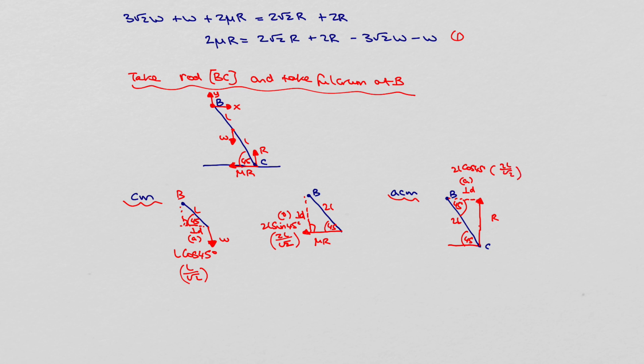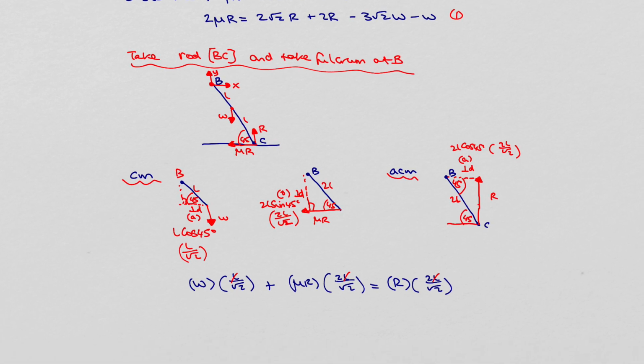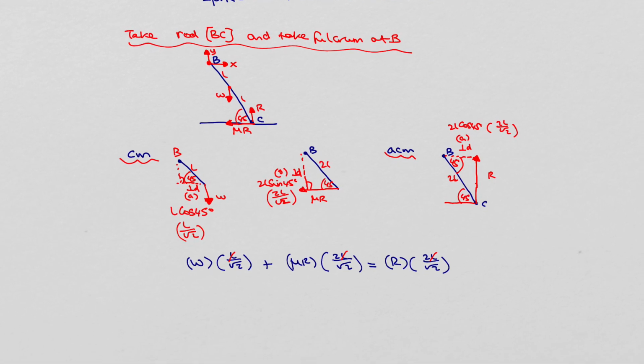We can say our clockwise moments is our force by our perpendicular distance plus force by perpendicular distance is equal to my force by my perpendicular distance. So again, I can divide across by L, and I'm going to multiply across by root 2 again to get rid of my fractions.